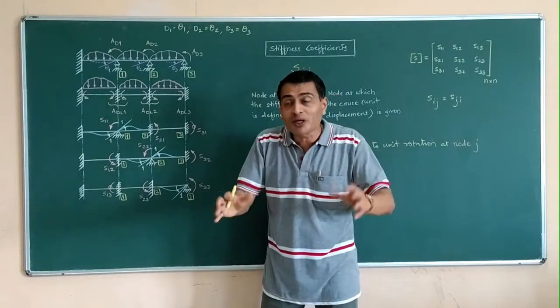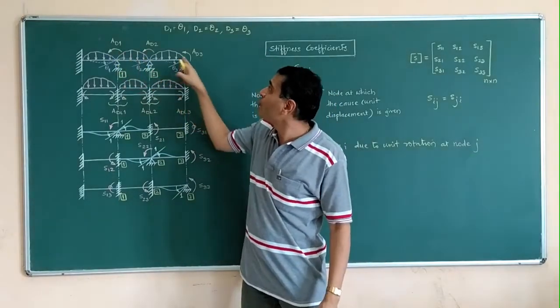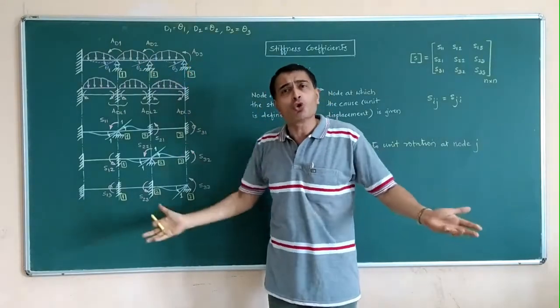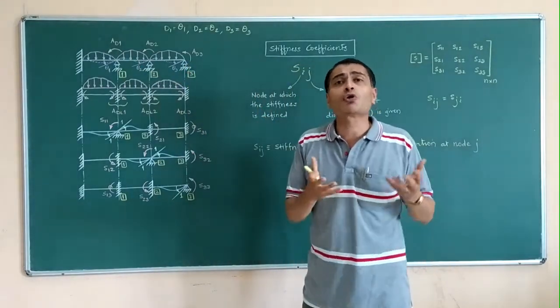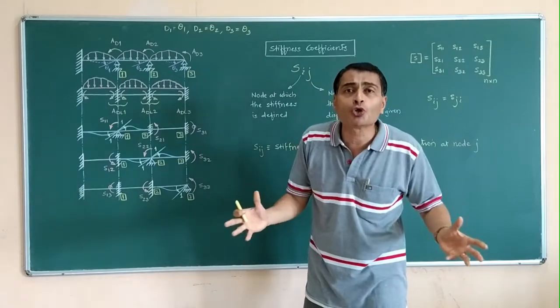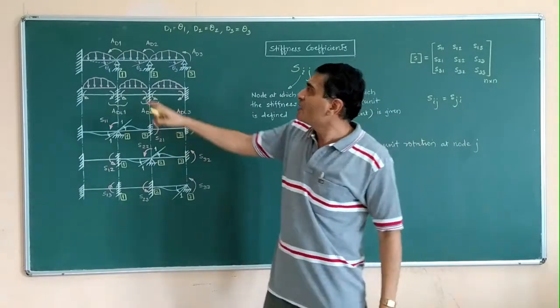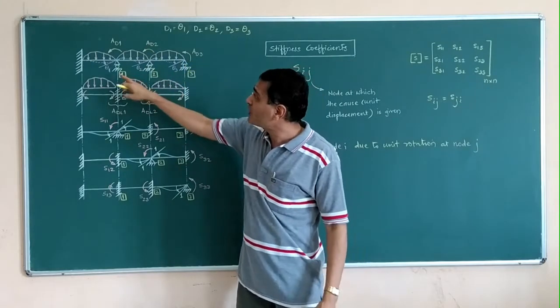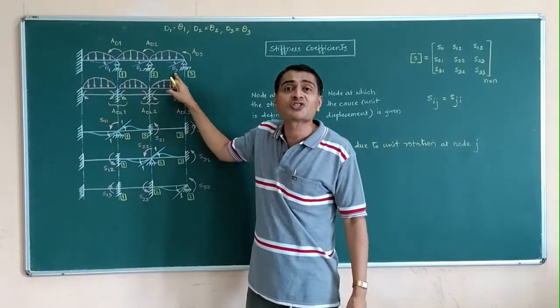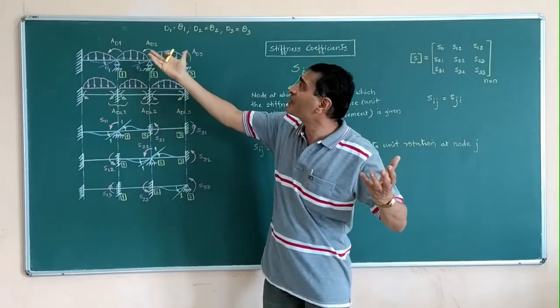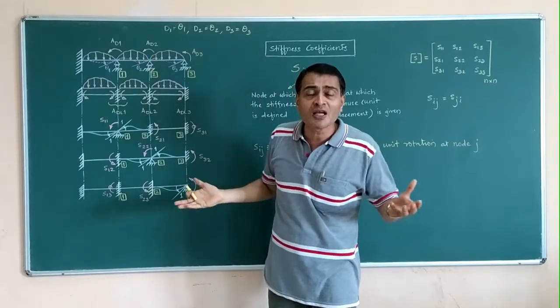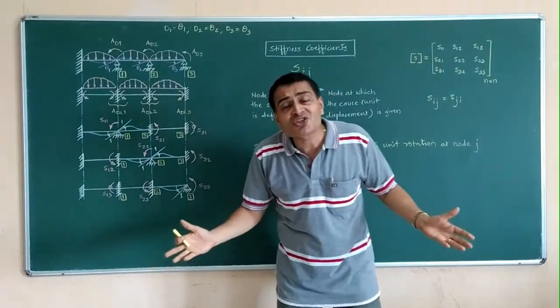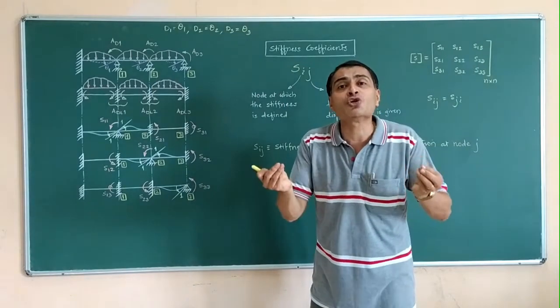In the given problem, if there are such couple moments given as a part of loading, 10 kilonewton meter, 20 kilonewton meter, 5 kilonewton meter, whatever it is, if such a couple moment exists which corresponds to these unknown displacements, then those are our AD1, AD2, AD3. If they do not exist, we simply write that they are zeros.